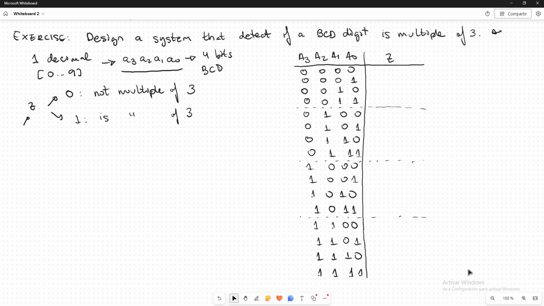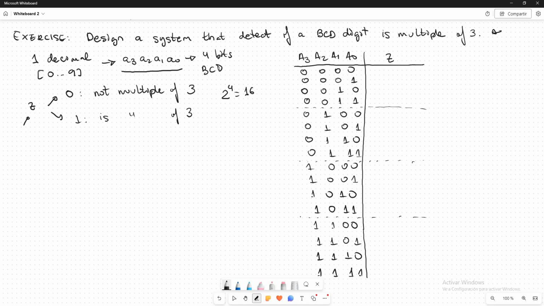Remember, we have 4 inputs, so we are going to have 16 possible combinations of the inputs. Now we have to fill the column of the output following the problem specification. So we have to detect multiples of 3. So we are going to go through every number and check if it's a multiple of 3.